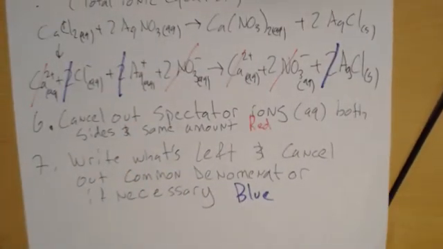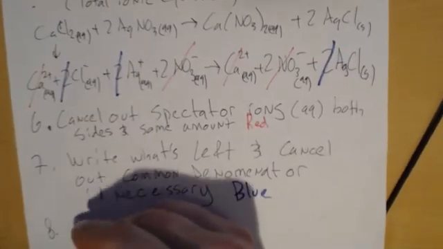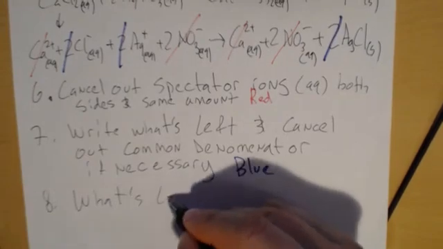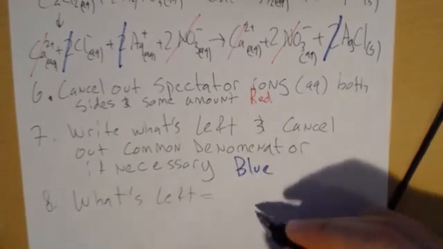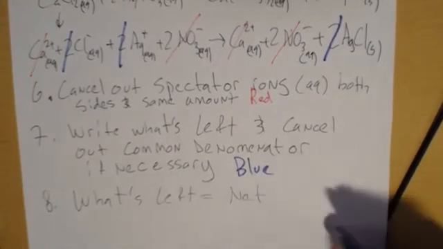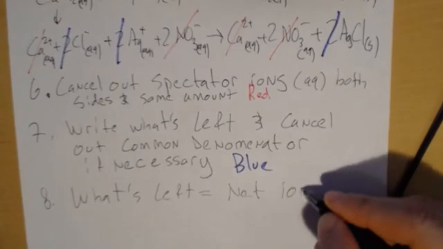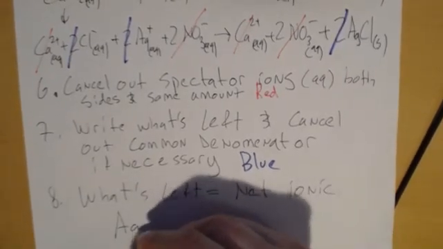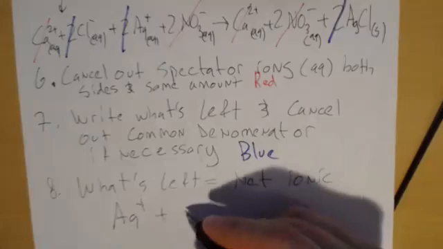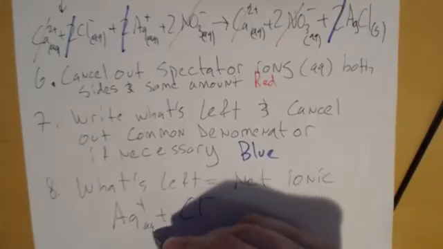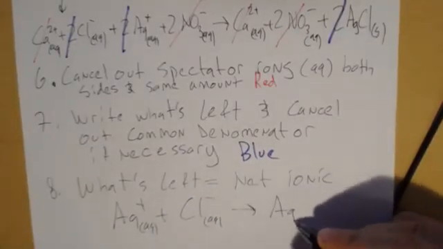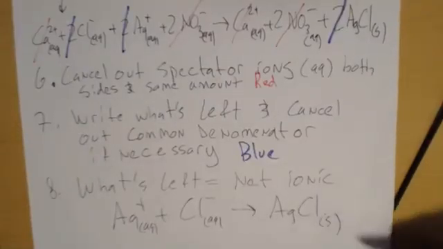And then writing what's left, step 8: what's left equals the net ionic equation. And so that is when a silver ion finds a chloride ion, aqueous, aqueous, they form silver chloride solid.